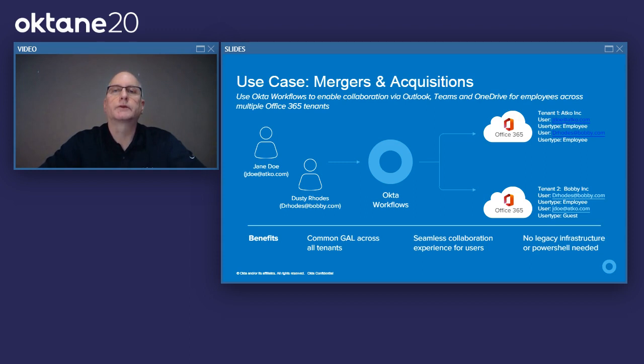Jane has a member account in the Atco Office 365 tenant, and Dusty is a Bobby Inc. employee, and he has a member account in the Bobby Office 365 tenant, and we want to use Okta Workflows to provision those accounts as guests across the Office 365 tenants. So Jane now gets a guest account in Bobby's tenant, and Dusty gets a guest account in Atco's tenant, and that's all managed seamlessly through the workflows.